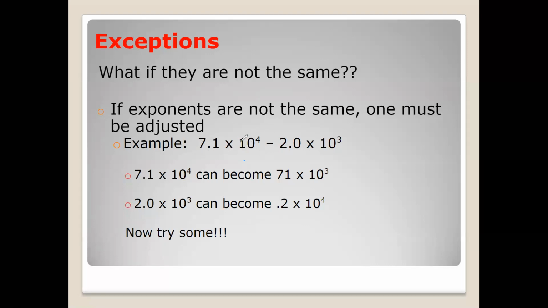It doesn't really matter which one you do, you just need that same exponent. So 7.1 times 10 to the 4th could also be 71 times 10 to the 3rd. Or you could say 2.0 times 10 to the 3rd could become 0.2 times 10 to the 4th. But again, you just kind of have to pick what it is that you're doing.